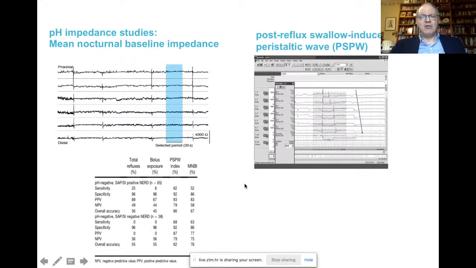In any case, when we combine these two parameters, we can improve the diagnosis of either hypersensitive esophagus or functional heartburn, particularly in patients where everything is negative. And we will see at the end that using these parameters can help us discriminate the diagnosis.